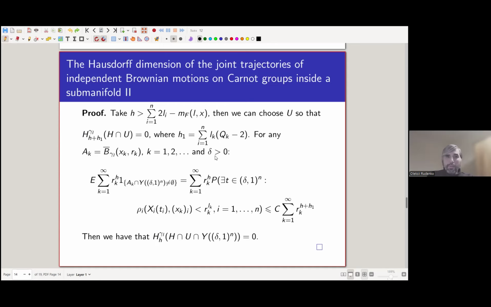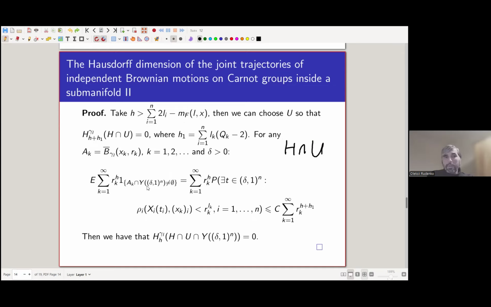But this is the theorem, and then to prove it, I just have to use basically the same thing that I did a year ago in a similar talk, but let me just repeat it. So I need to take some cover of the set H intersect U. So this will be covered with some sets AK. And then I only select those sets AK that actually intersect our trajectory.